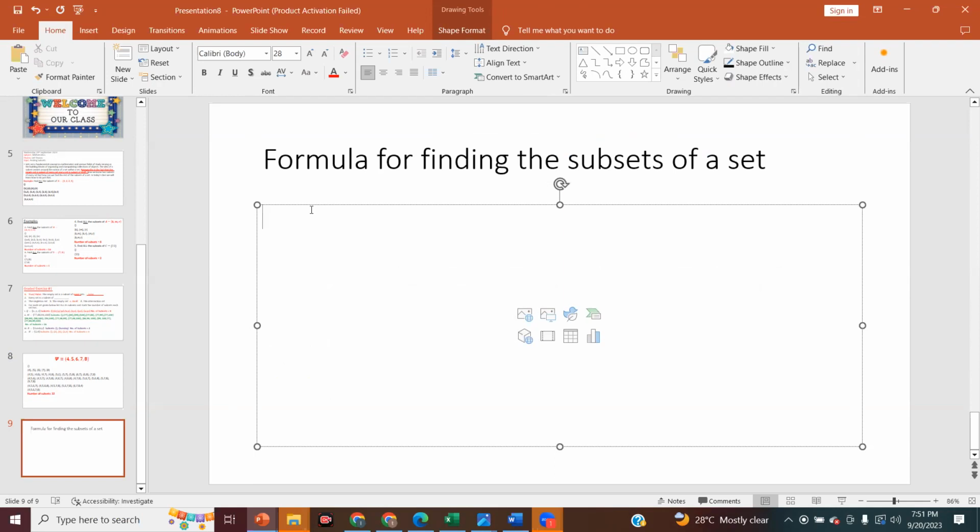We probably just have to do this next class because I don't think we have enough time to actually put it into practice. But the formula says if a set, you know what, let me just do this tomorrow. It doesn't make sense.